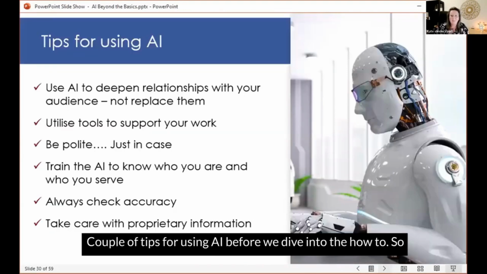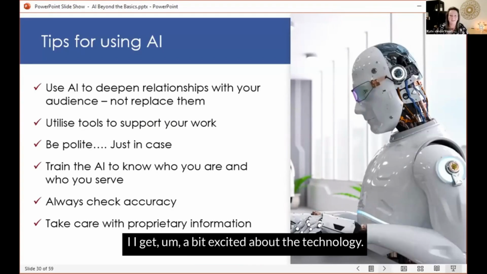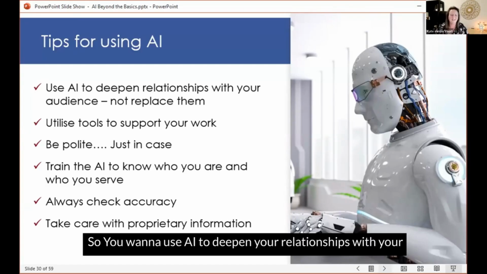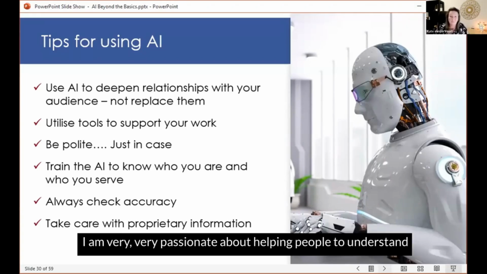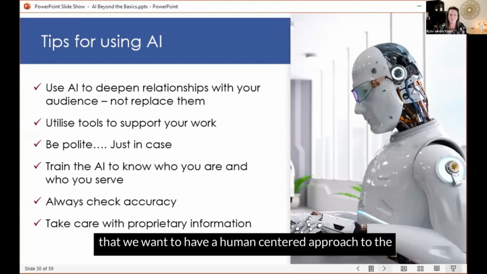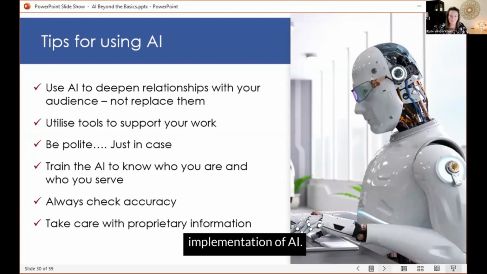All right, a couple of tips for using AI before we dive into the how-to. So stop and breathe. I get a bit excited about the technology. You want to use AI to deepen your relationships with your audience, not to replace them. I am very, very passionate about helping people understand that we want a human-centered approach to the implementation of AI.